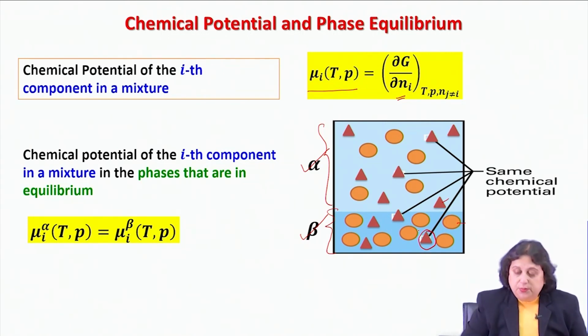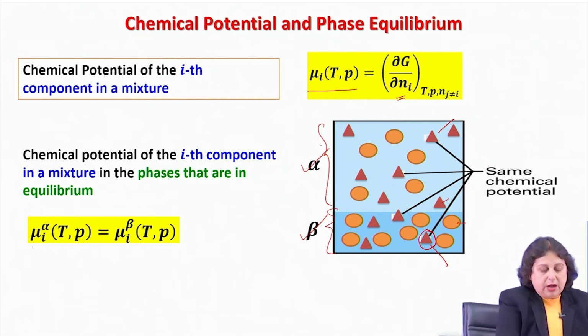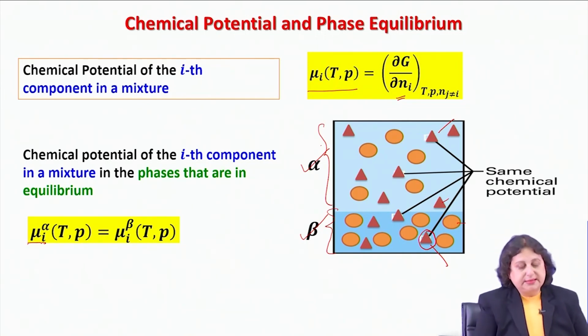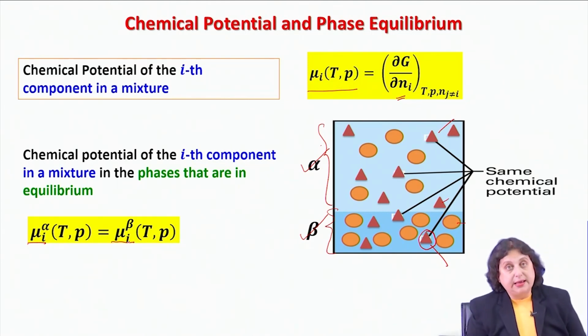It is present in both the alpha phase as shown here and also in the beta phase as shown here, and both phases are present at a given temperature T and P. Then what is the condition that the phases alpha and beta are in equilibrium with each other at this given temperature and pressure? I must have mu i in the alpha phase equal to mu i in the beta phase for all i's that make up this mixture.